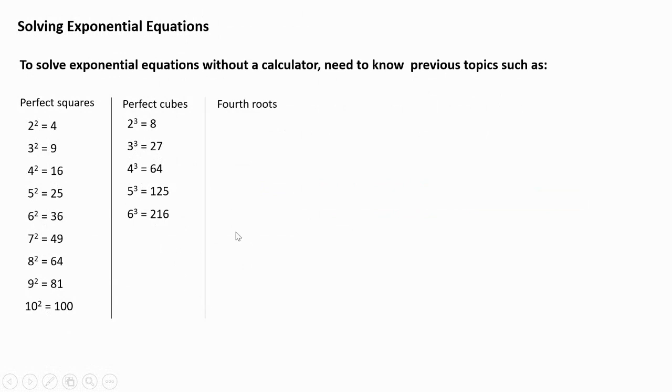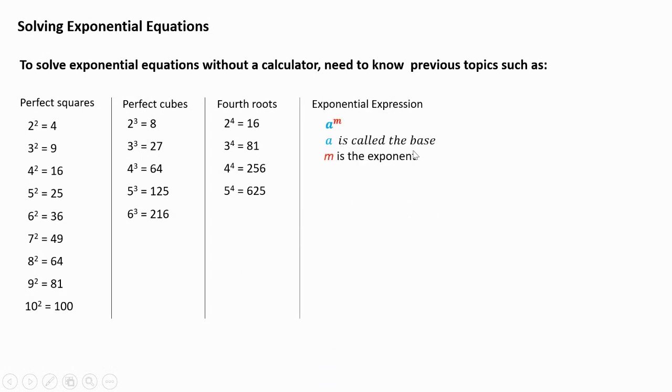Okay, so what else do we need to know? Also the fourth roots. For the fourth roots, at least know all the way to 5. 5 to the fourth power is 625. Okay, let's see what else we need to know. We need to know exponential expressions. a to the m: a is called the base, m is the exponent. You have to know that also. You also have to know the exponent power rule. So if you have a power to a power, we multiply the powers.